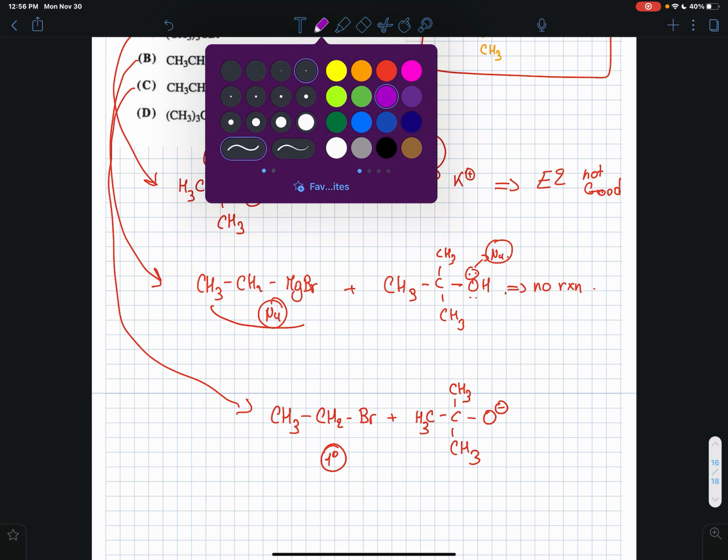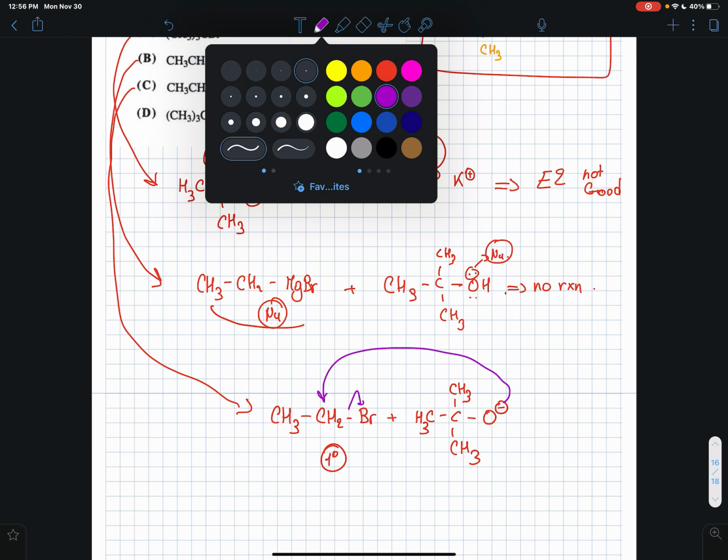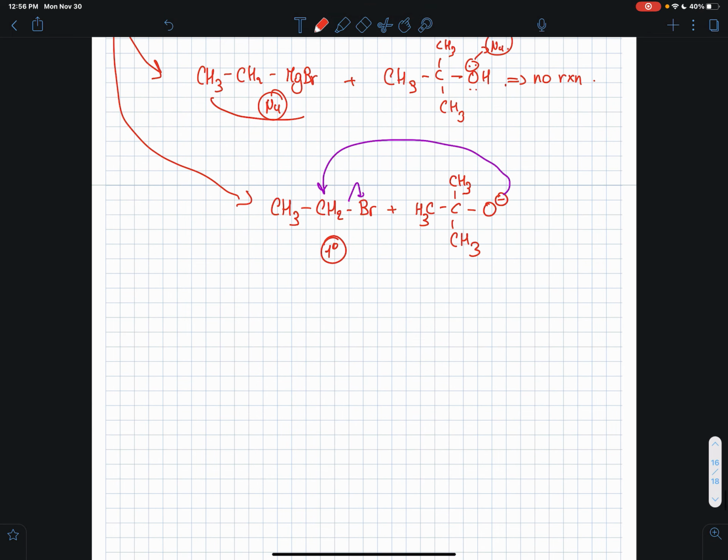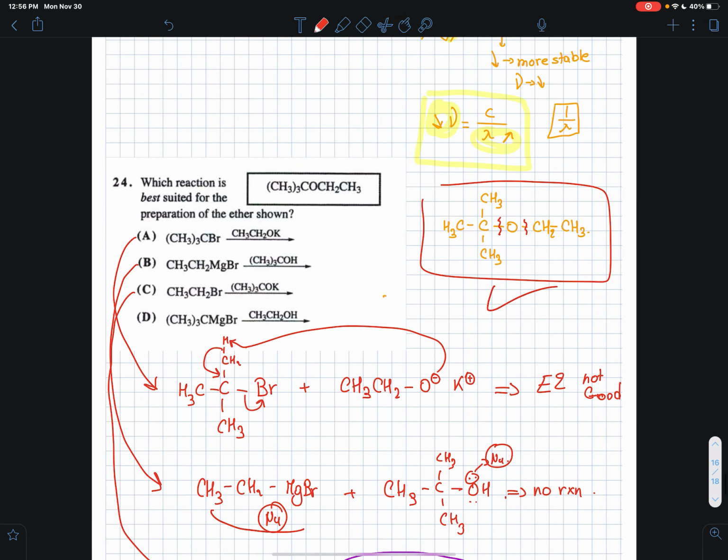So this O minus is going to come here, attack this carbon, and kick off the Br, and we end up with CH3CH2O, C, CH3, CH3, CH3, which matches my result right here. So that works. The answer is C.